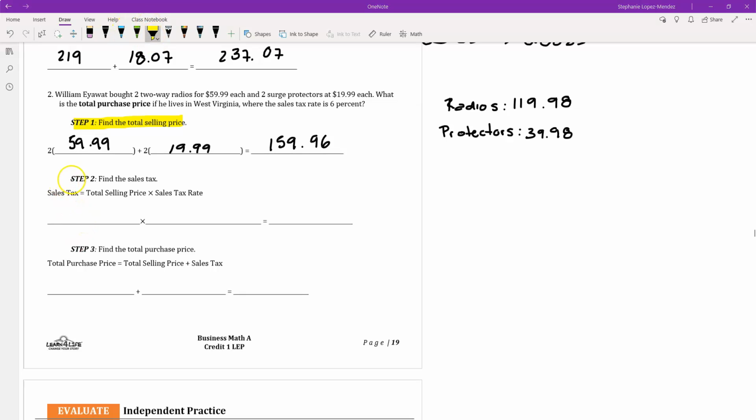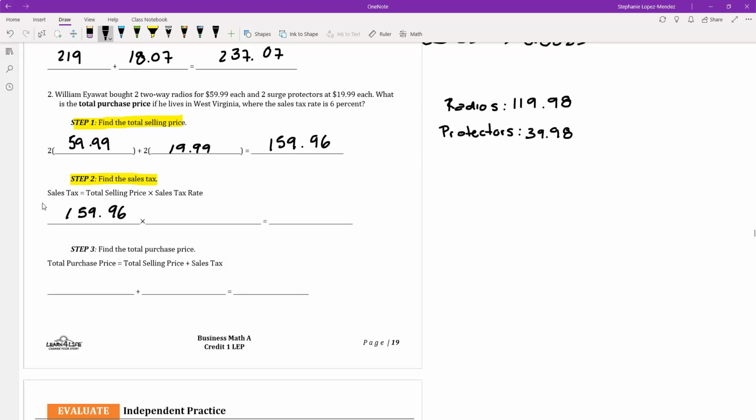Now I go to step number 2 and I need to find the sales tax. According to my formula, sales tax equals total selling price times sales tax rate. So my total selling price is what I just found, 159.96.